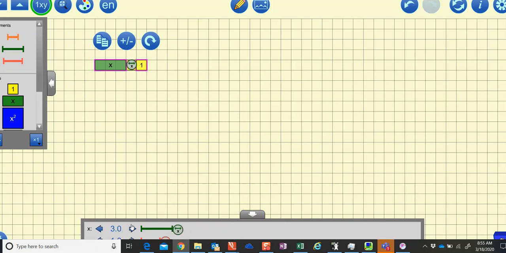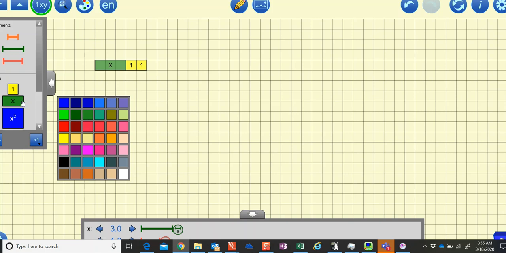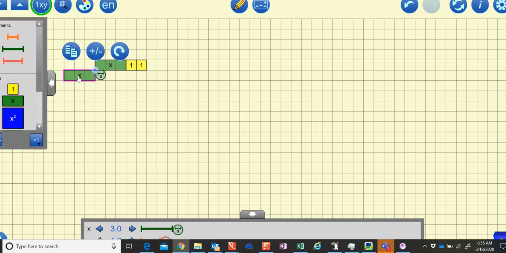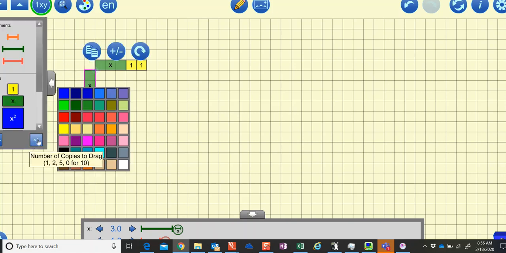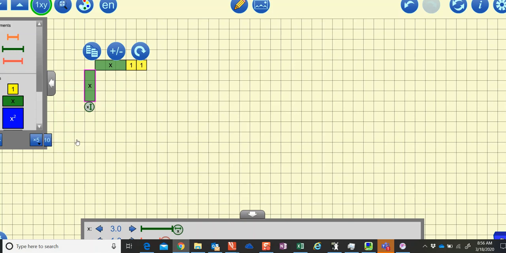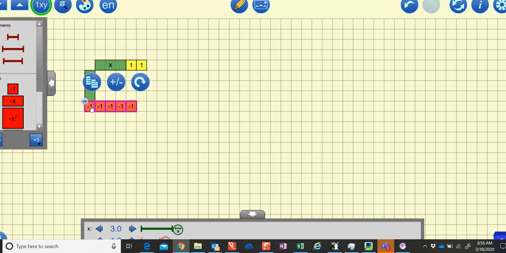The value of it doesn't matter so much, but just so it looks nice and fills my squares. So that's my x plus 2, and then I'm going to put my x subtract 6. I'm going to rotate it and put it on this side. And actually here I can make it negative. So this is x subtract 6, and then I can paste.